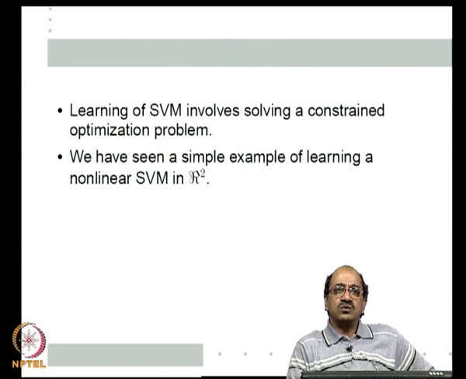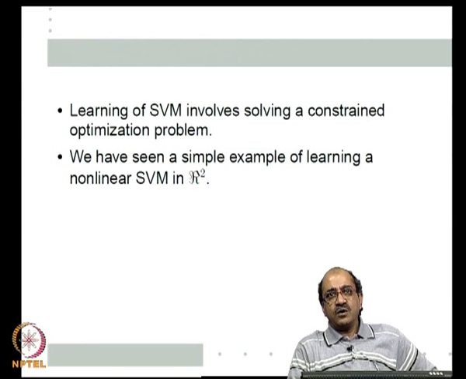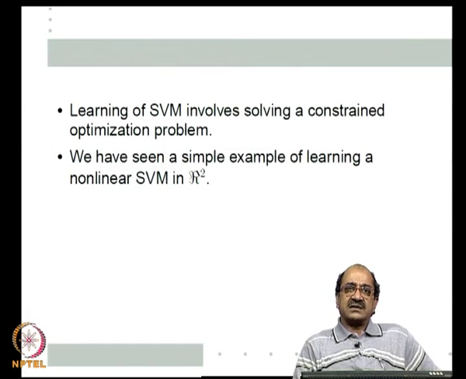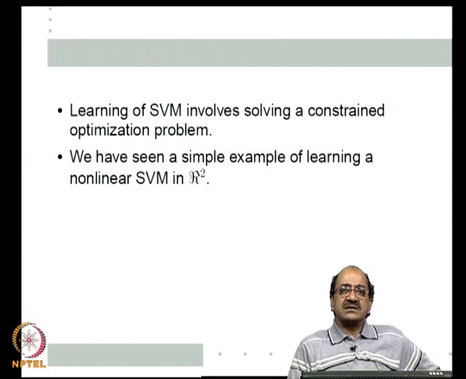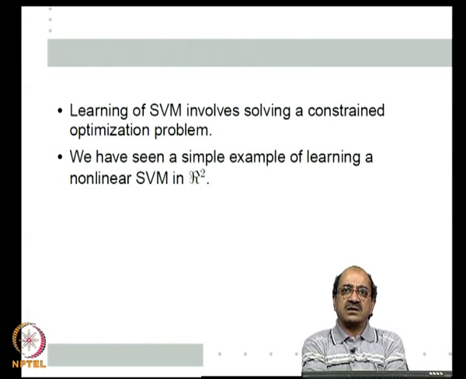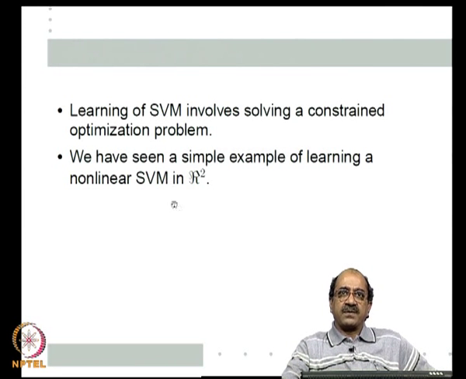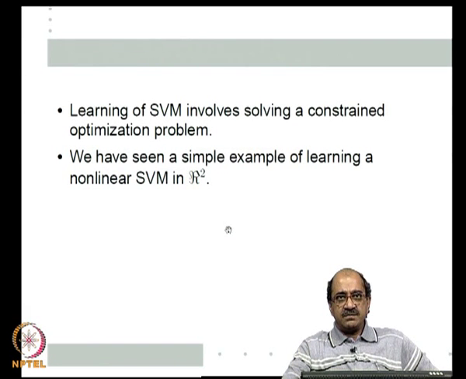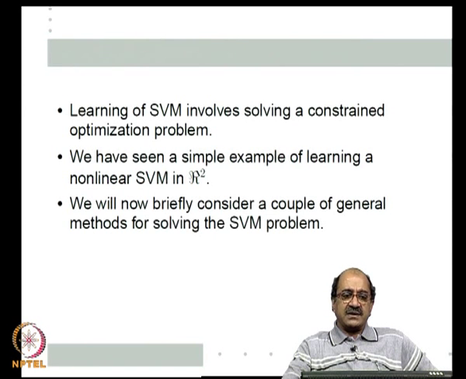It's in R2, learning a quadratic classifier with only 3 examples. Though it is a simple instance, it does tell us the issues involved in solving the optimization problem, but we need more generic methods.